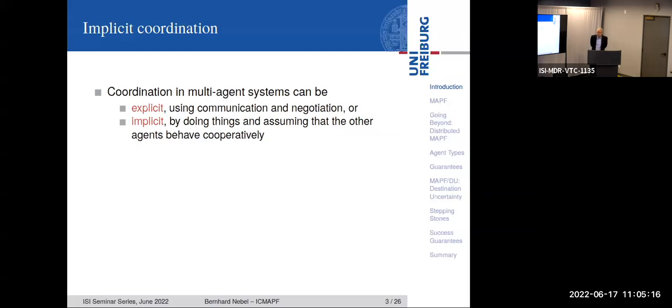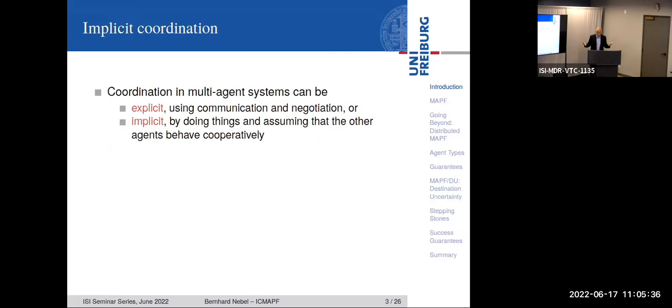Okay, so what is implicit coordination? Well, when you have a multi-agent system and it has to coordinate somehow in order to achieve its objectives, you can do that explicitly. You talk with each other and then you negotiate what kind of things you are going to do, or you do it implicitly.